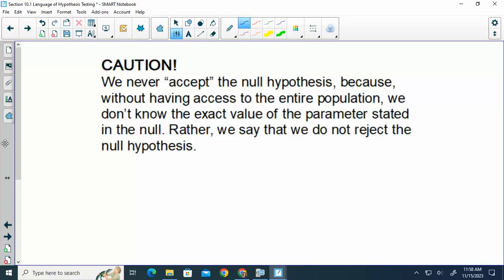So the language with these, we're not going to say we accept this or anything like that. We're going to say either we reject the null hypothesis if we have proof that the alternative would be true, or if we can't reject, we just say we fail to reject. We're not actually proving that the null hypothesis is true, because we can't. We don't have the entire population, so our options are reject or fail to reject.